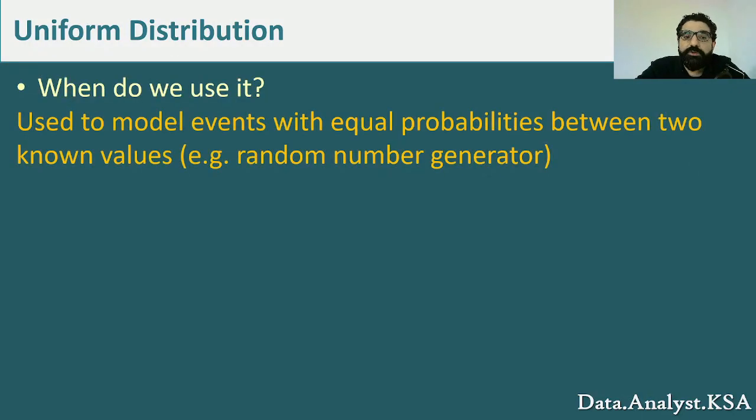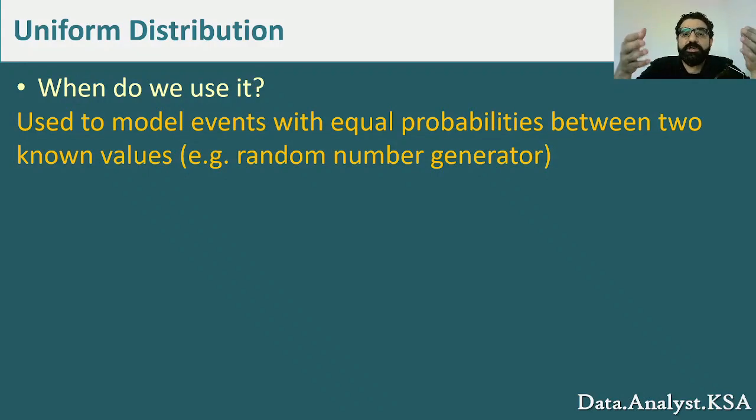So when do we use the uniform distribution? The uniform distribution is used to model events that have equal probabilities of outcome. So let's say we have equal probabilities between two known values. Let's say that the minimum value can be 0 and the maximum value can be 100, but any value in between has the same probability of appearance. A good example for that is a random number generator.